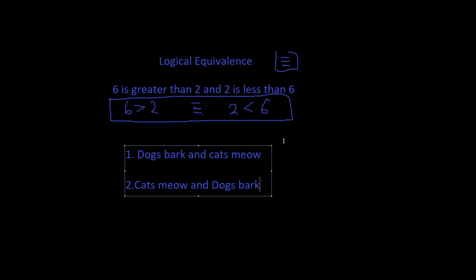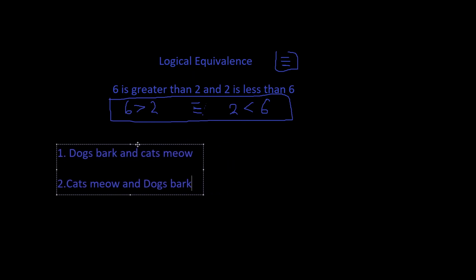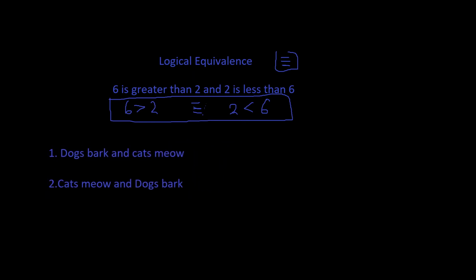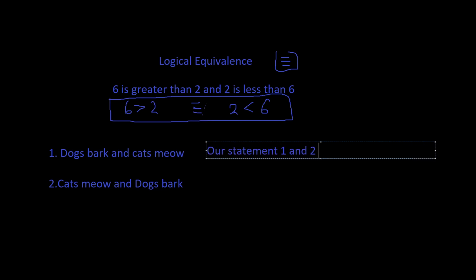And I want you to get used to writing that out. If you're given a problem like this on your test, you're going to have to write it out as a sentence. So how are we going to say this? Well, we could say statement, or let's use an actual sentence. Our statement 1 and 2. And depending on if they're telling you to identify what kind of statement, then you say compound statement.